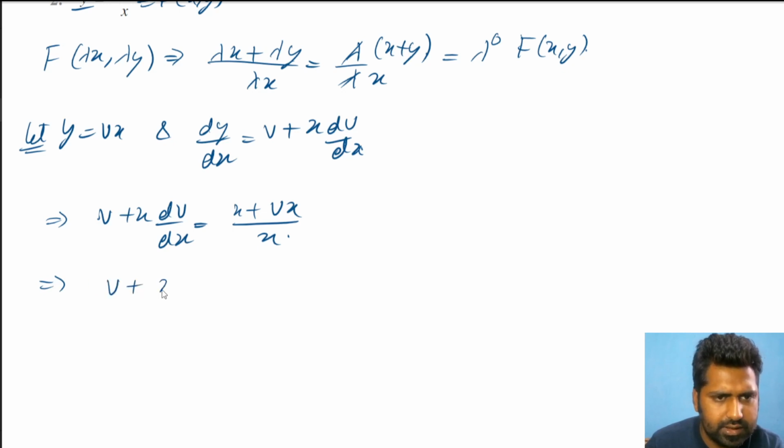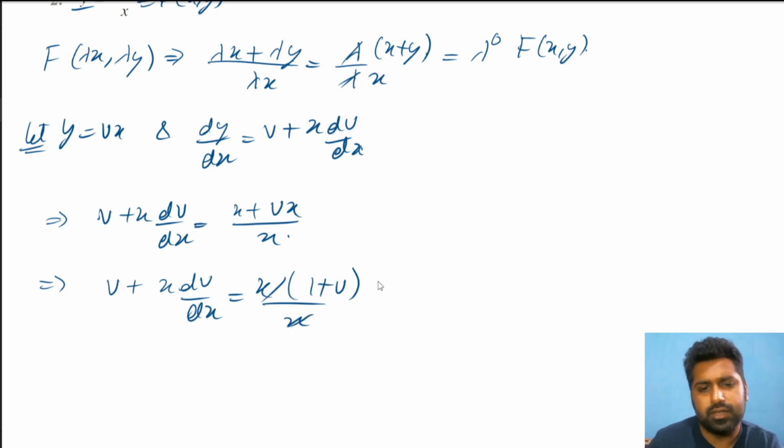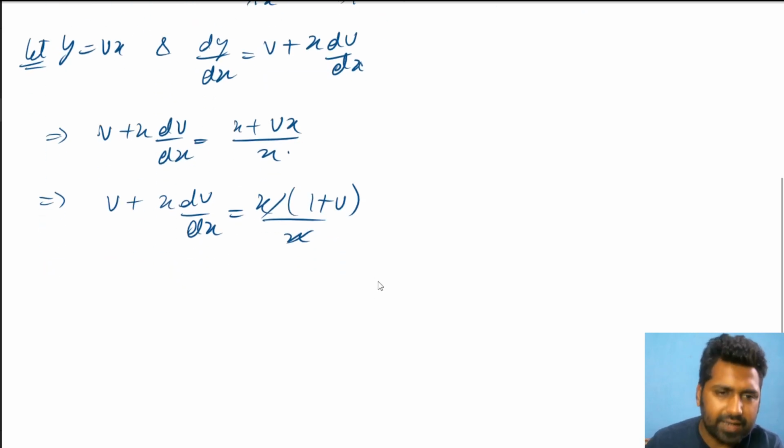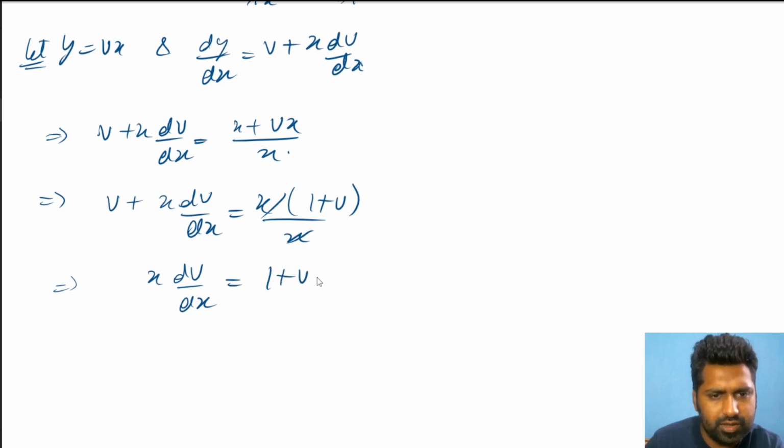v plus x dv by dx. Now what will always happen is you take x common out of this and somehow the right side will become a simple function in v. Always that will happen, because of the homogeneous part. Take this v on the other side, so x dv by dx is equal to 1 plus v minus v, v also cancels.